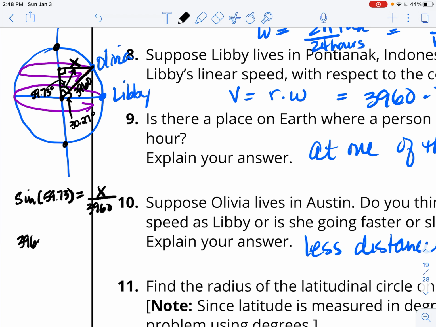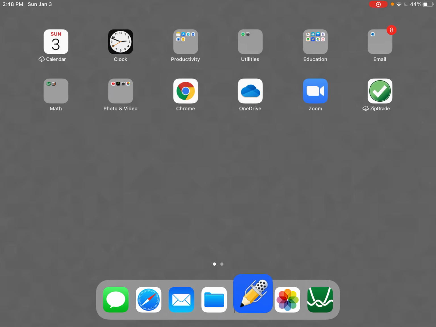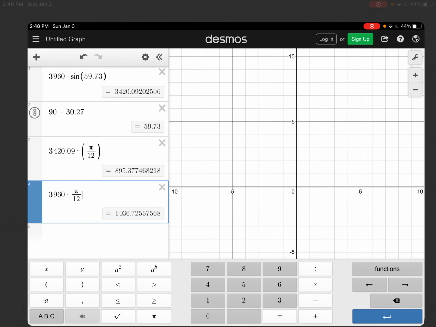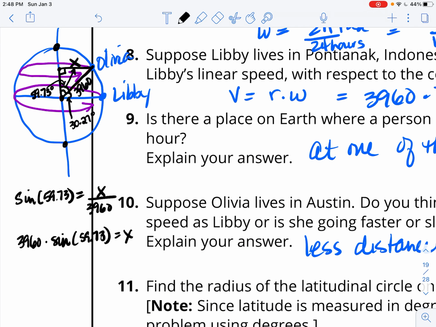And if I solve for x, 3960 times sine 59.73 is equal to x. Now I've already put this in my Desmos, so I just need to check it. 3960 times sine 59.73 is 3,420.09 approximately. So her radius is 3,420.09 miles.